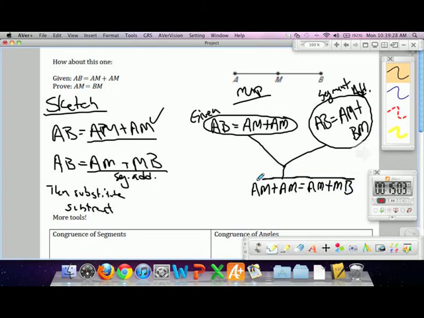Substitution or transitive property, whichever one you want to use. Alternately, you could have called it transitive property. If you take the first equation in our sketch and the second equation in our sketch and combine them together with substitution or the transitive property, then we can get this new equation.